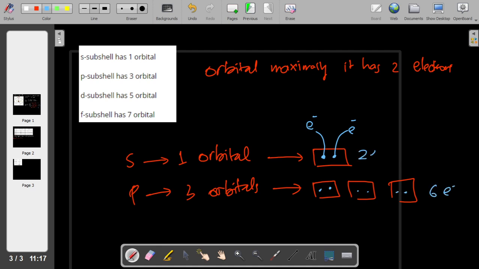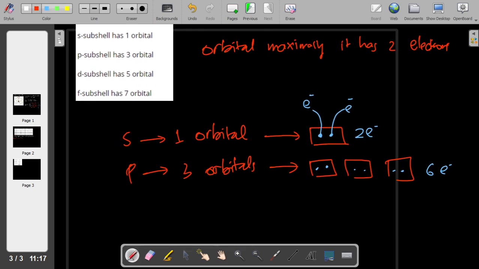For d, there are 5 orbitals, which means in the subshell we can find a maximum of 10 electrons, because 5 times 2 equals 10.